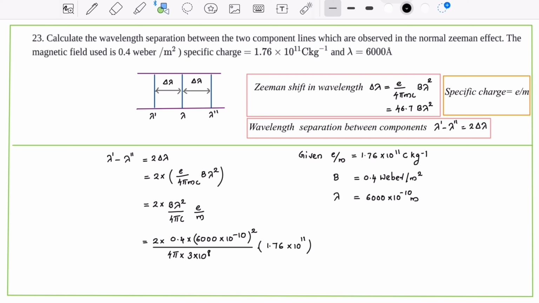The answer is 13.45 into 10 raised to minus 12 meter. That is the wavelength separation between the components, lambda dash minus lambda double dash, equal to 0.135 angstrom.